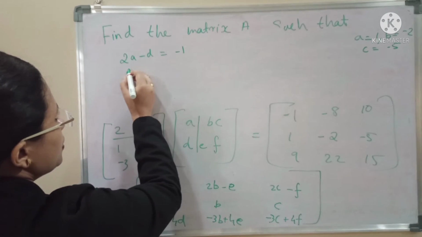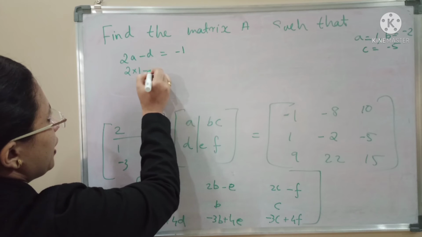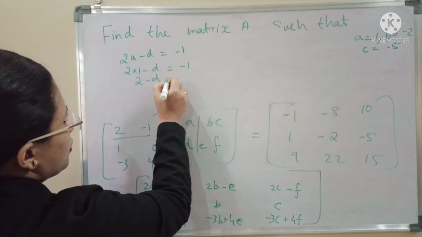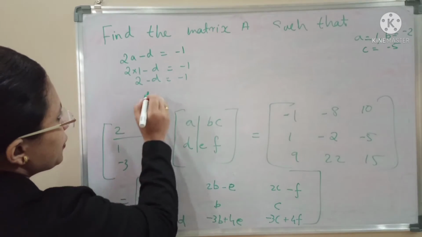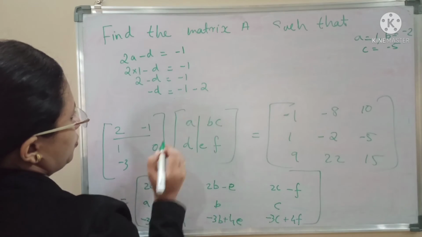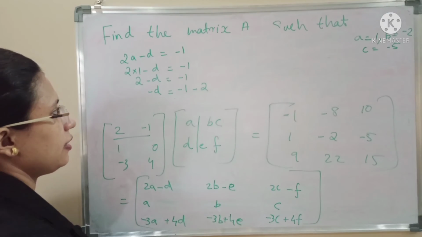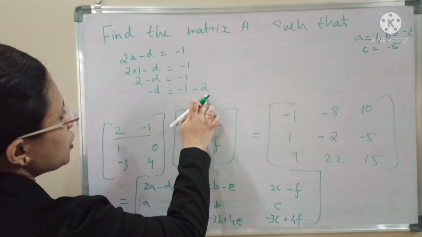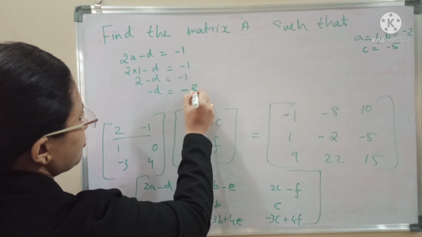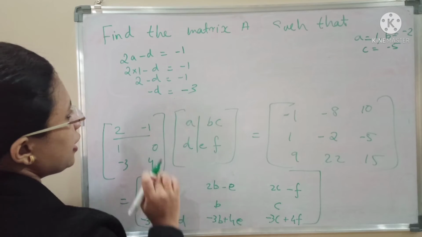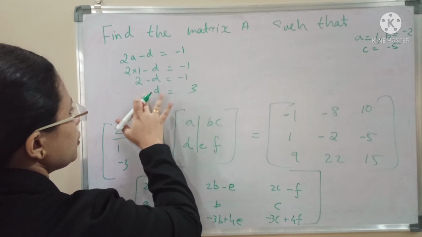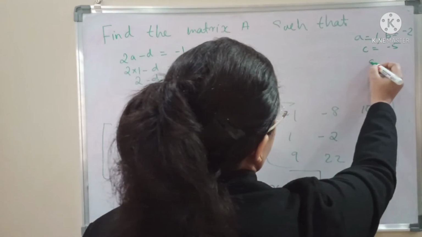And A value is 1, so 2 into 1 minus D equals minus 1. 2 minus D equals minus 1. Minus D equals minus 1 minus 2, which is minus 3. Both sides we have negative, so negative will get cancelled. So D is 3.